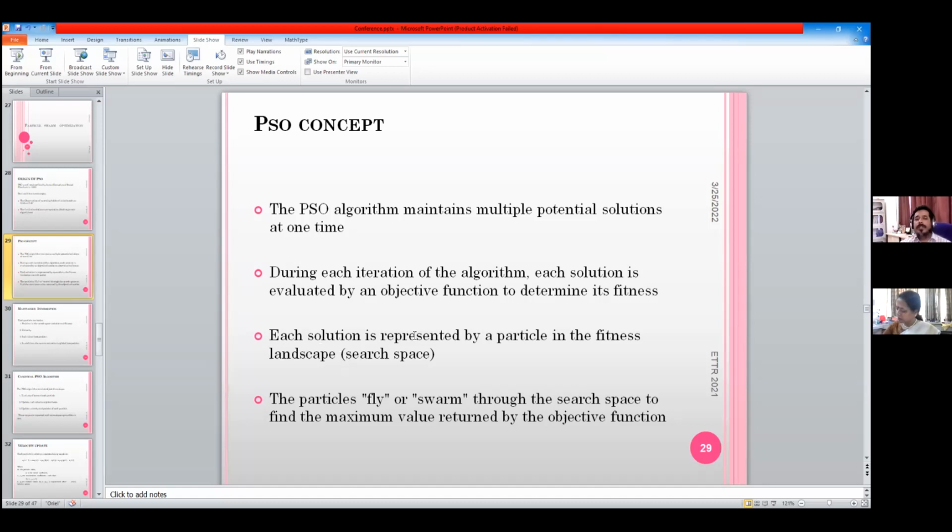Each solution is represented by a particle in the fitness landscape, the search space. The particles fly through the search space to find the maximum value returned by the objective function. Ultimately it is the maximum value in a maximization problem; if your problem is minimization, you take the minimum value.